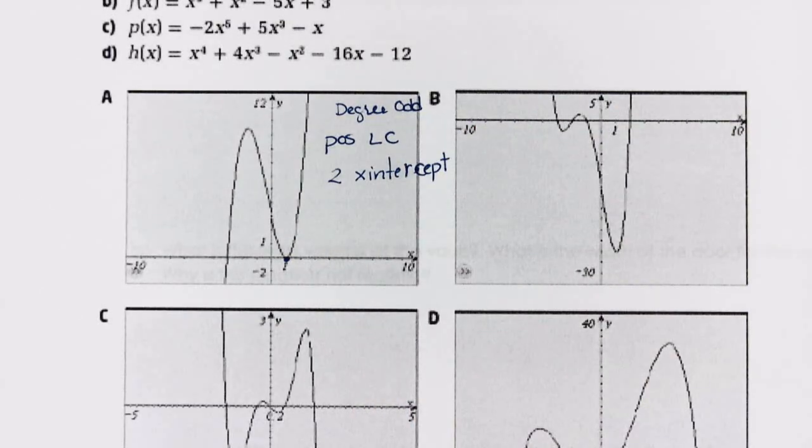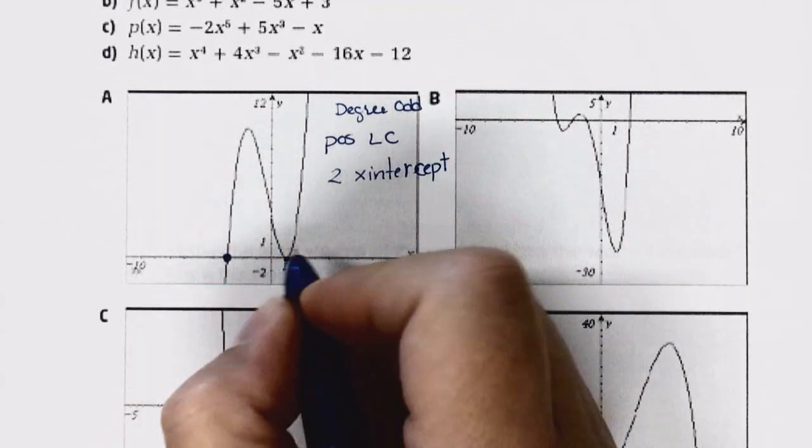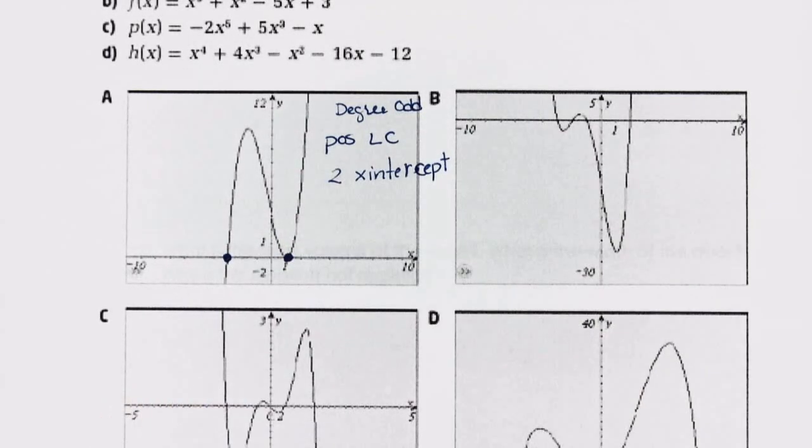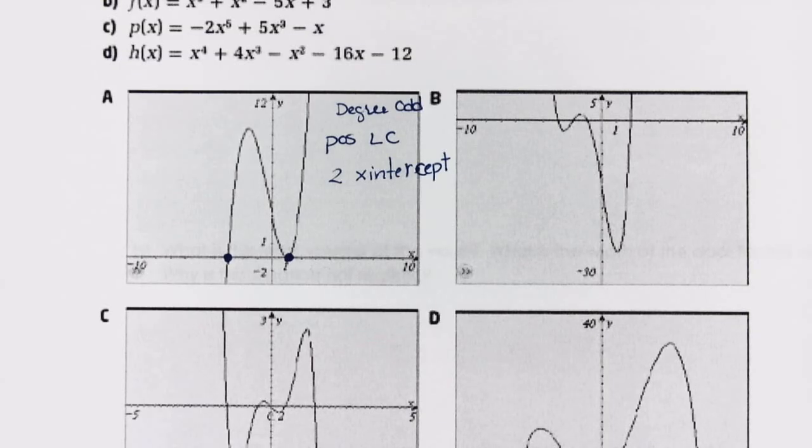Is this a cubic one? Could be. So we have these two x-intercepts that we're seeing. What else am I supposed to find? Whether the graph has a max or min. Is there a max or min to a cubic function? No, there is none, because it's infinite in either direction.